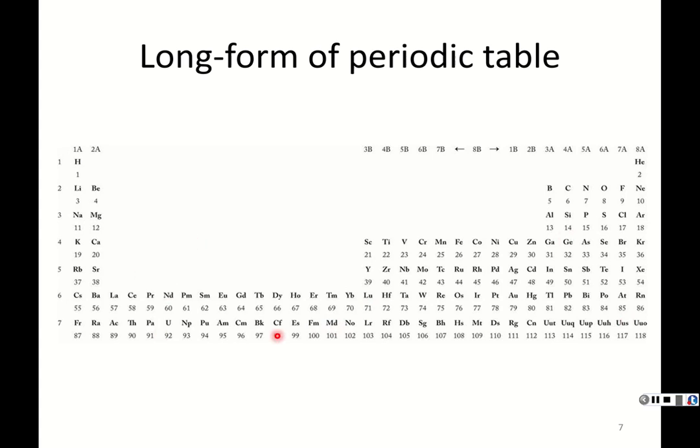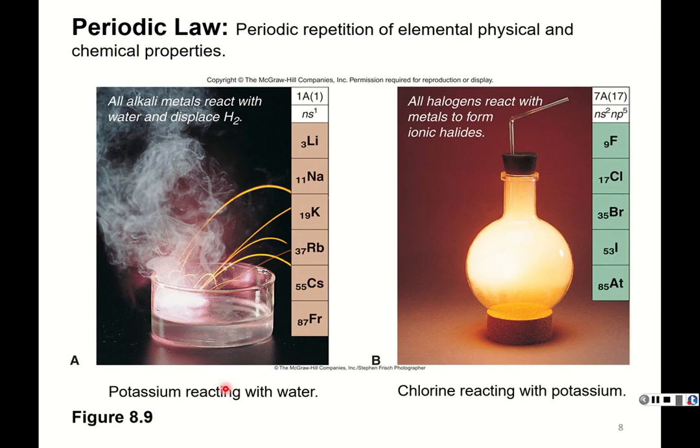I think another reason is that these lanthanides and actinides are not very commonly used in everyday chemistry. So moving those down to the bottom saves space, and the number of people that need to access information about those is much smaller than for the other elements.